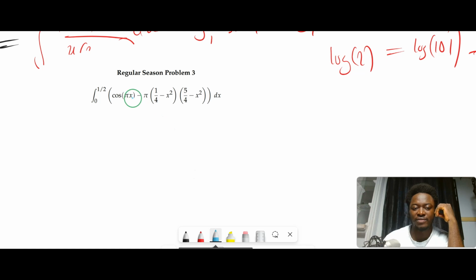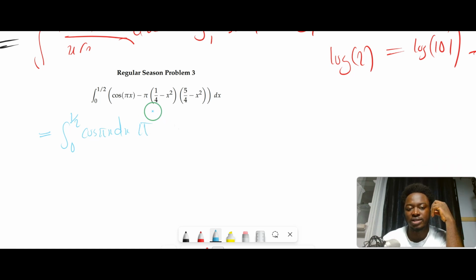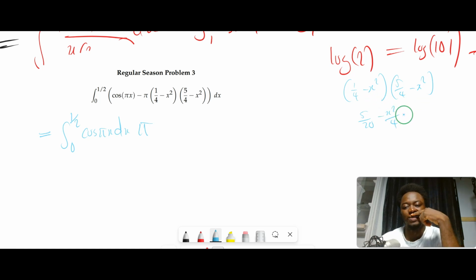Now, first of all, we have to do the first integral, which is going to be the integral from 0 to half of cos of pi x dx, minus, we'll take pi and we'll do the second integral. Now, for the second integral, we have to expand 1 over 4 minus x squared times 5 over 4 minus x squared. So this will be 5 over 20, and then minus x squared over 4, and then minus 5x squared over 4, and then plus x to the fourth.